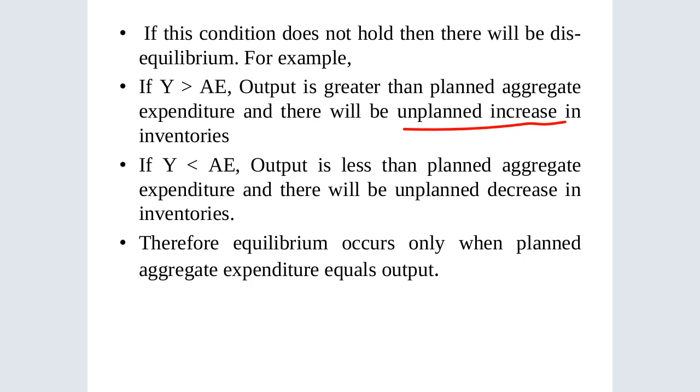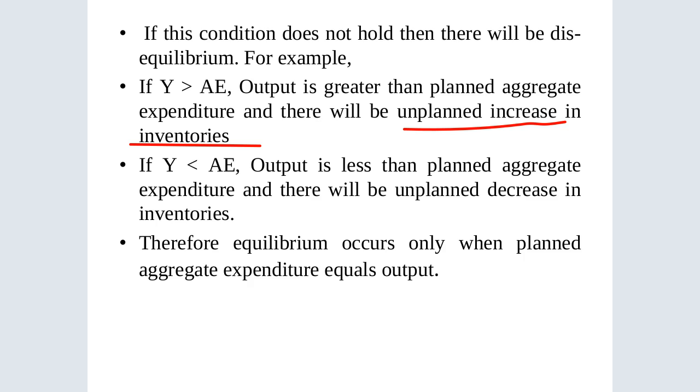So firms will be accumulating inventories because the aggregate expenditure is lower than output. And in this case, firms will accumulate inventories in their stores because the demand for them is lower.